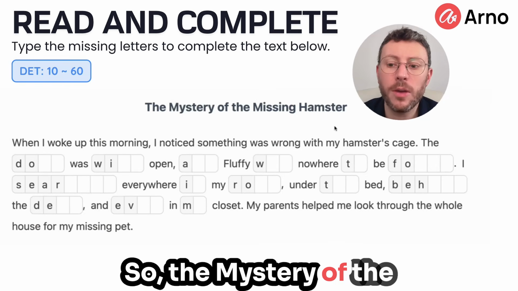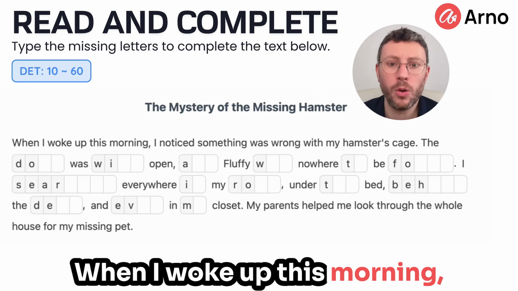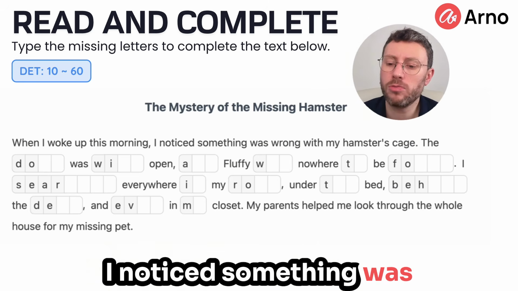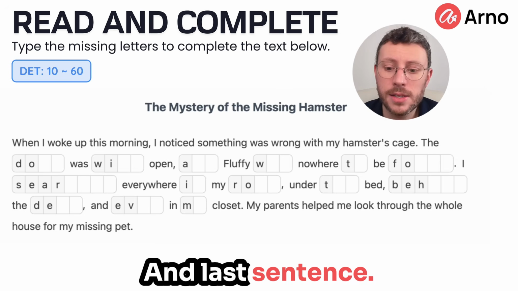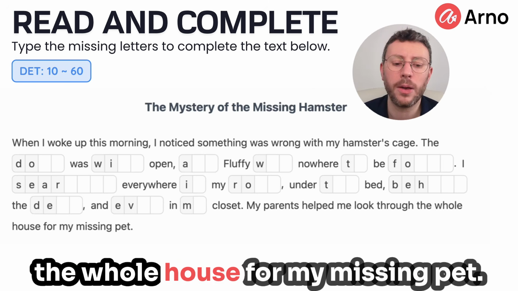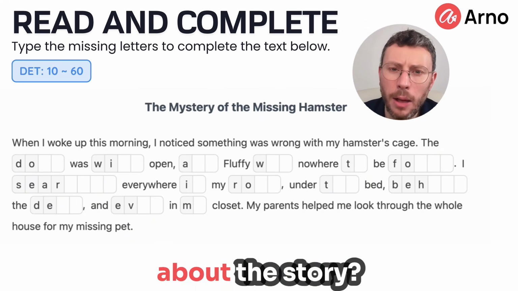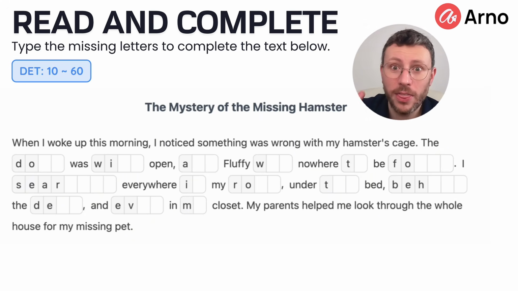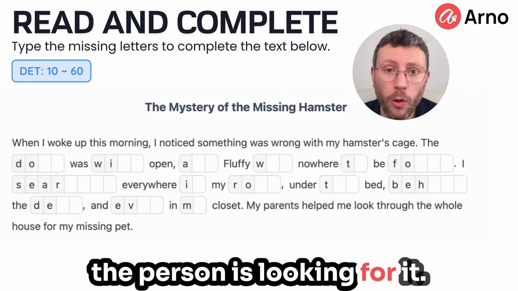So, The Mystery of the Missing Hamster, title. When I woke up this morning, I noticed something was wrong with my hamster's cage. And last sentence, my parents helped me look through the whole house for my missing pet. So what do we understand about the story? The hamster is missing and the person is looking for it.